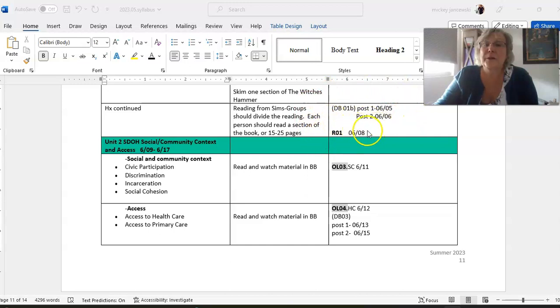Let me talk a little bit about the reflections and the discussion boards and the assignments that you're doing. As I read them, I need to be able to tell that you read the material, engaged in the material, understand it at a deep level, and or can apply it to real life. So when I read your answer, I'm looking for proof that you engaged in the material.